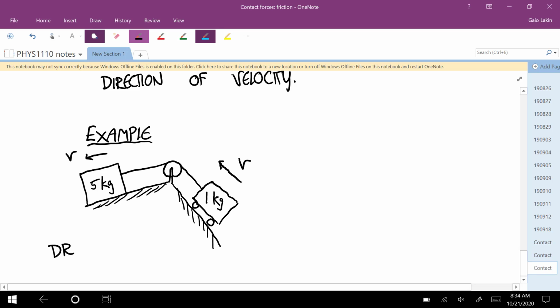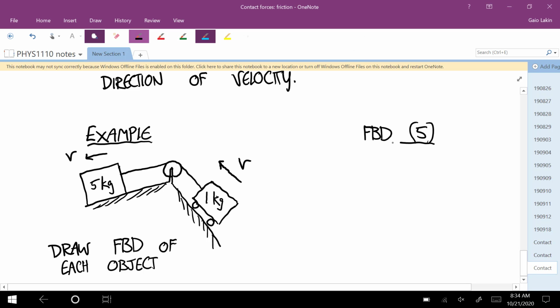And we want to draw free body diagrams of the two objects. Okay, so I'm going to start with the 5 kilogram box. As always, there's a weight force. 5 times 9.81 is 49.05.